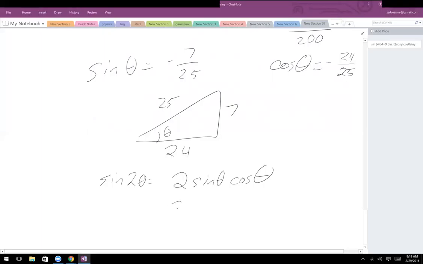So 2 times negative 7 over 25 times negative 24 over 25. 2 times 7 times 24 is 336.